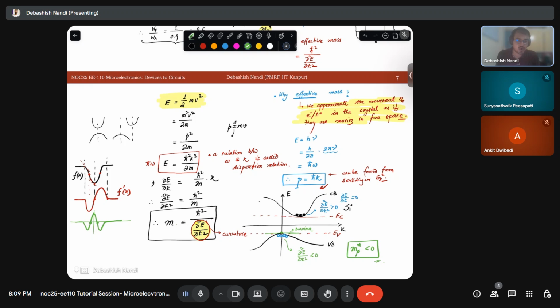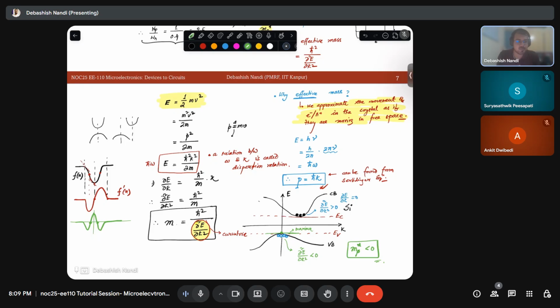So this is just a model for how you model that. That is why the m star is negative. Negative mass, there is nothing physical about negative mass. Okay, this is just a manifestation of the fact that you have considered the absence of an electron to be a particle. So in the first place, you have assumed that you have a particle where there is a void, right? That is why your mass is becoming negative.